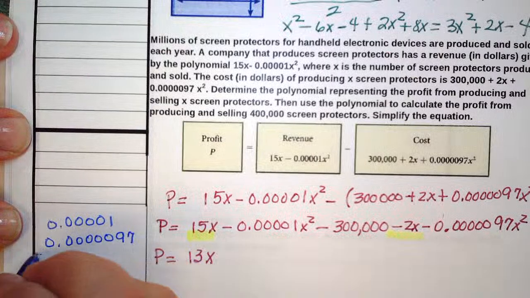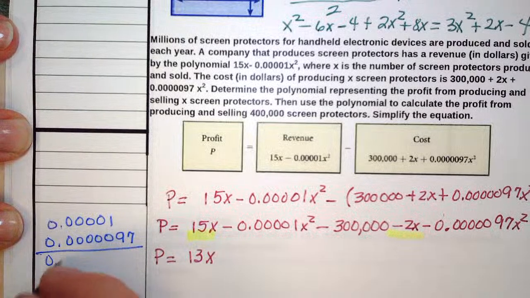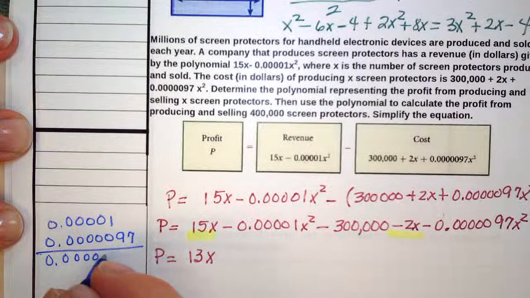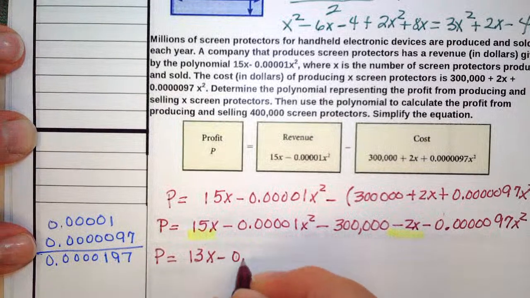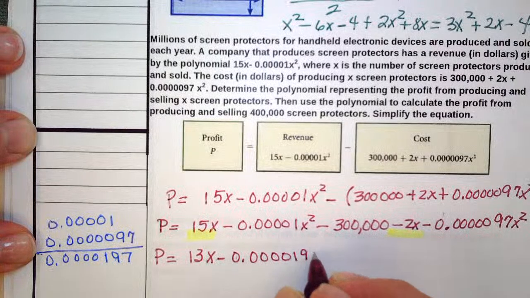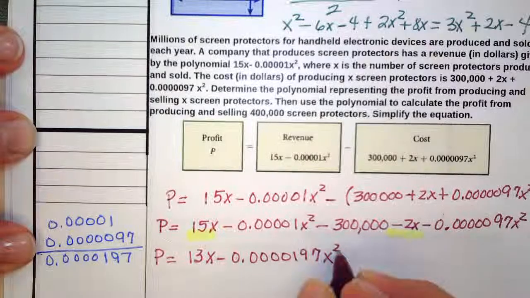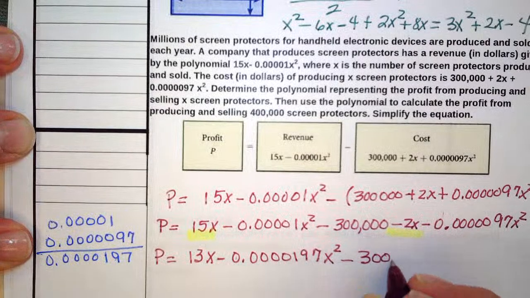So you're going to subtract 0.000107x squared, and then also you're going to subtract 300,000.